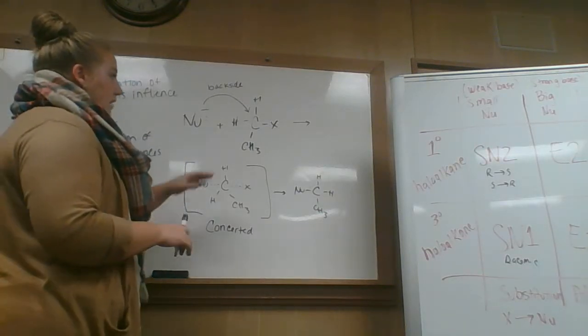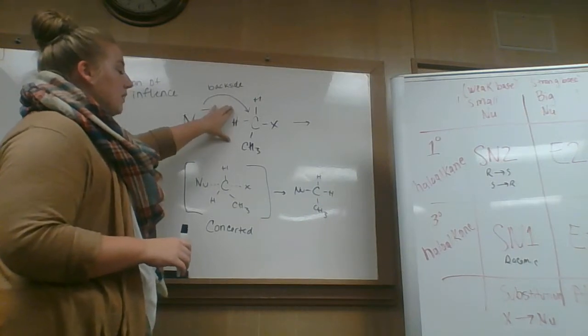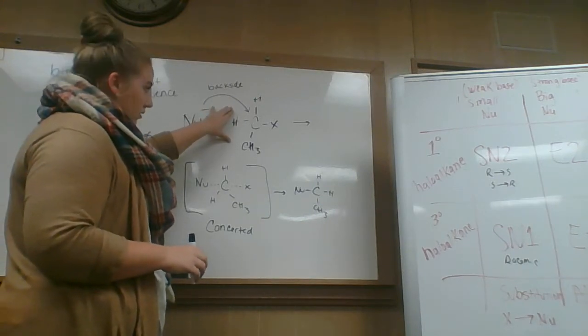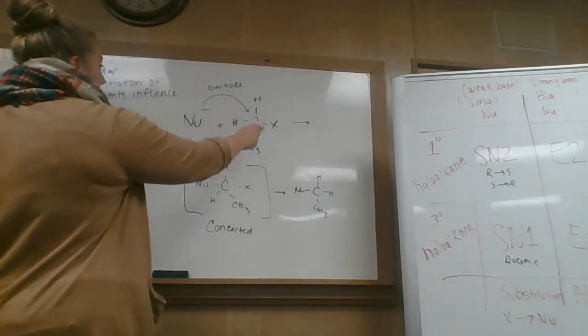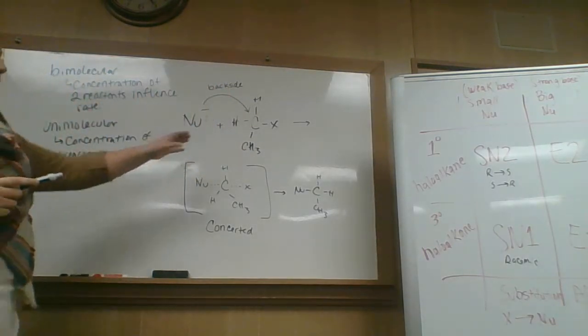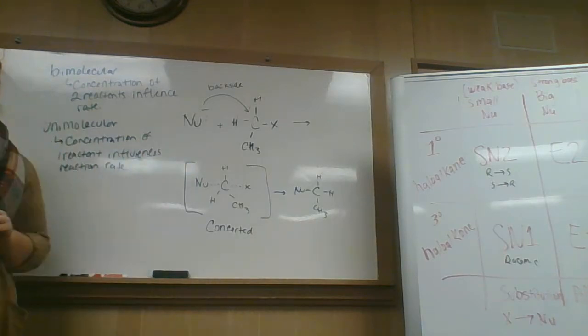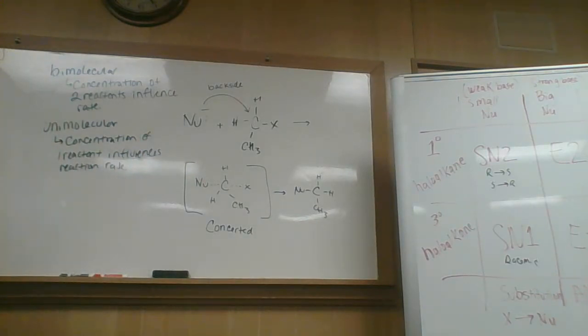If I were to ask you to find the absolute configuration of our alkyl halide, okay? Absolute configuration has to do with molecular weight, or sorry, atomic weight. So you want to find the attachment that has the highest atomic weight. In our alkyl halide, what would that be? The halogen.